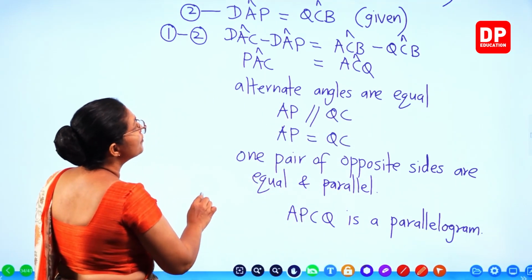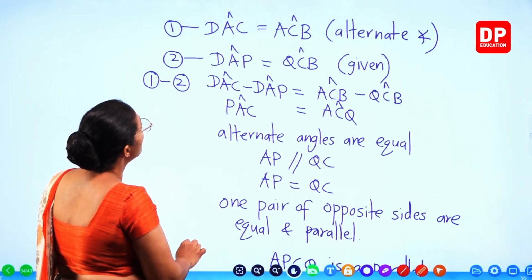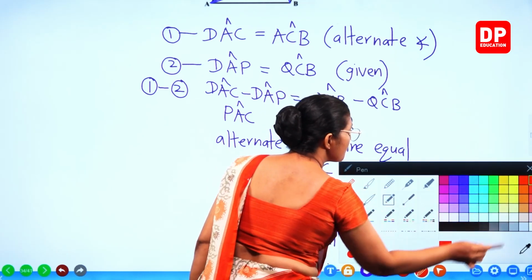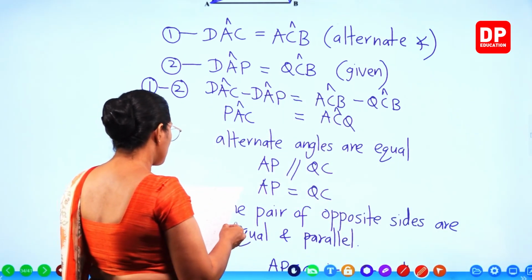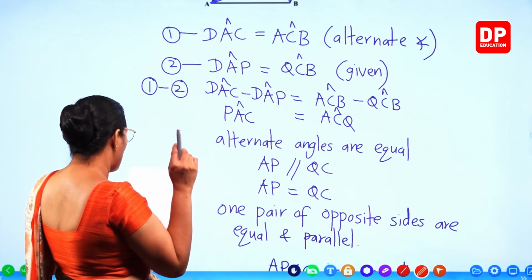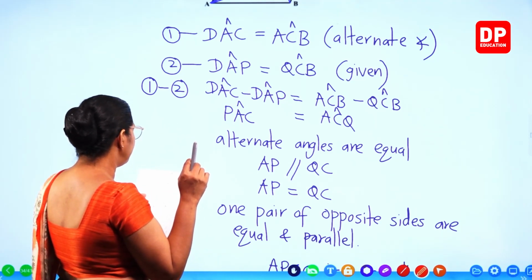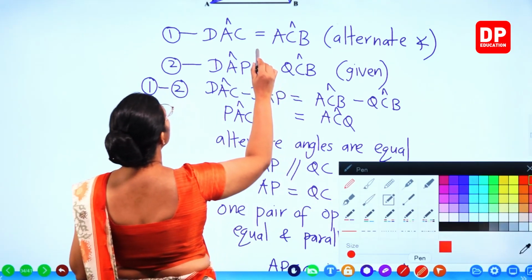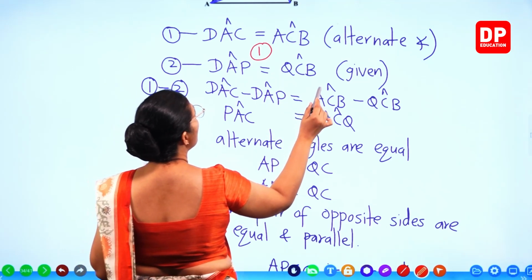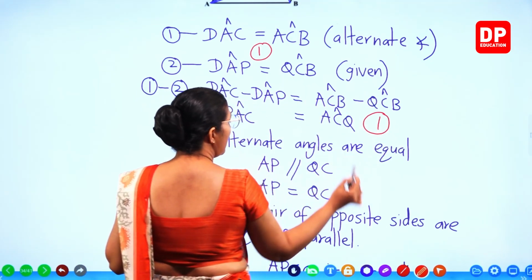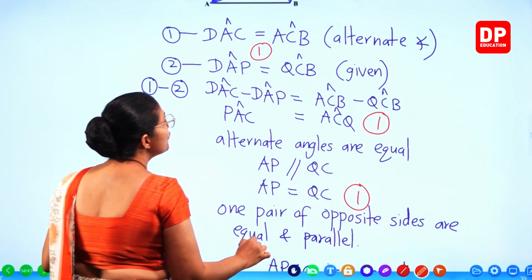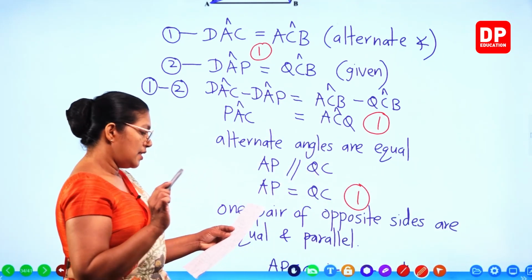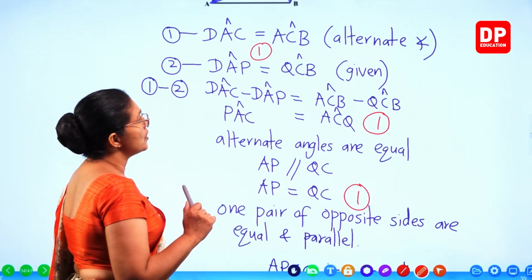So that's the proof. So let's see how many marks you are getting. You're getting 3 marks for showing all of these. So 1 mark here, 1 mark, and 1 mark. So 3 marks for that part. So altogether we have given 10 marks for the whole question.